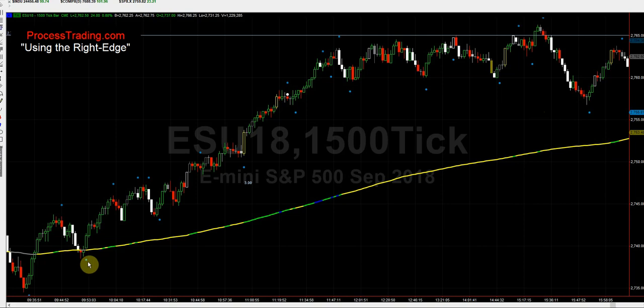So on a day like today, when you're looking to make trend trades, you would have made 1, 2, 3, 4, 5, 6, 7 successful trend trades just using these 2 simple indicators, the processtrading.com VWAP, the trade rules for taking a long trade by associating the VWAP with the timing alert dot, and then using the trade management system that has you buying into strength.